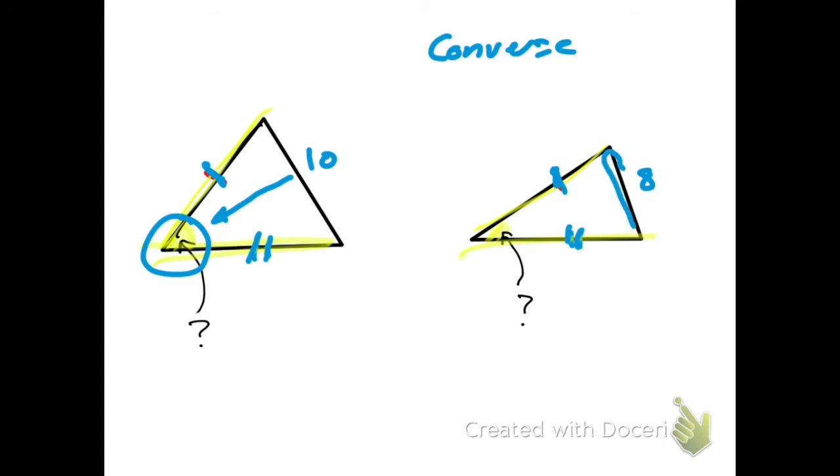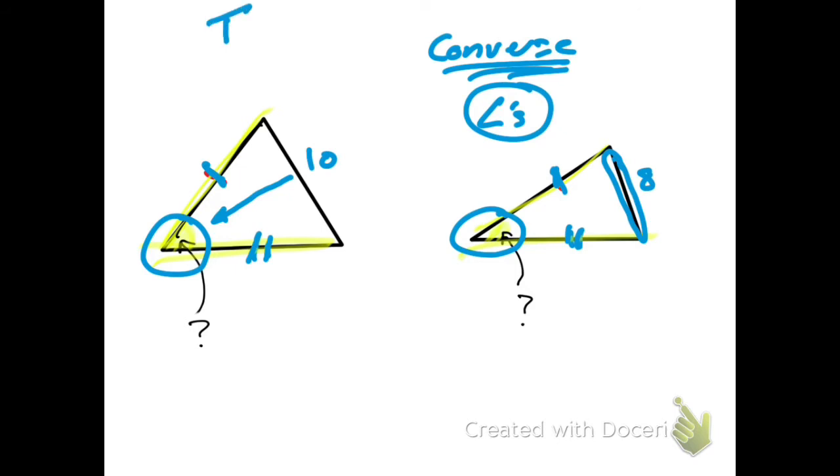This is my shorter side, so this would be the smaller angle. So the converse allows me to solve for angles, whereas the theorem allows me to solve for sides. That's the difference between the two.